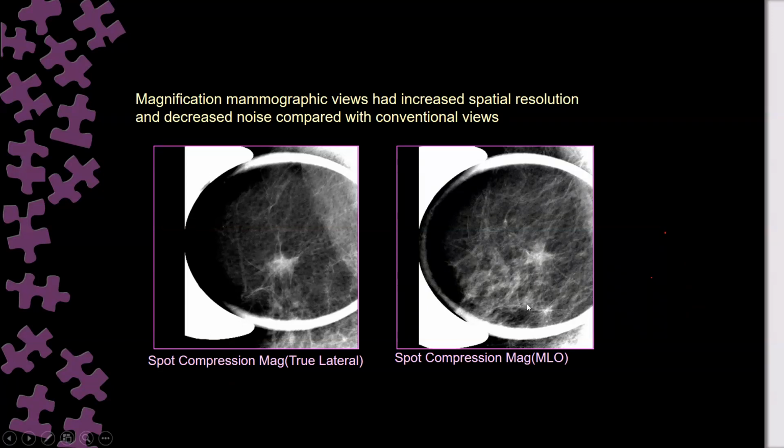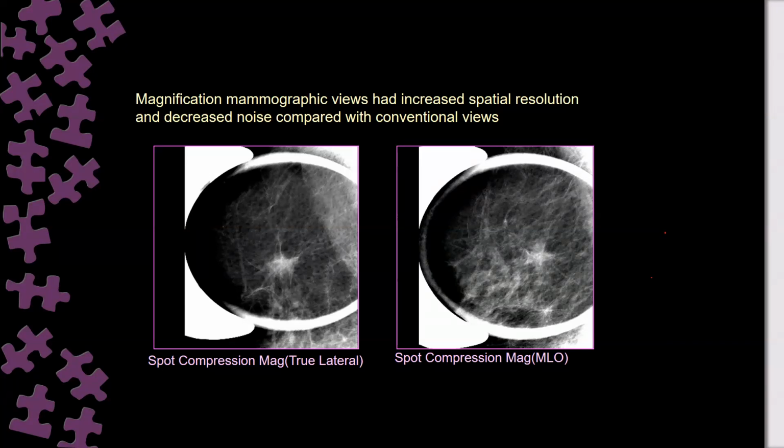Here on MLO, a lot of breast tissue is included. The lesion is visualized, we could see it, but not as clear and not as characterized as on the lateral view, because in general magnification views increase the spatial resolution, but with the lesion more adjacent to the receptor, it will be further characterized. So it will be more characterized on the lateral spot magnification view.